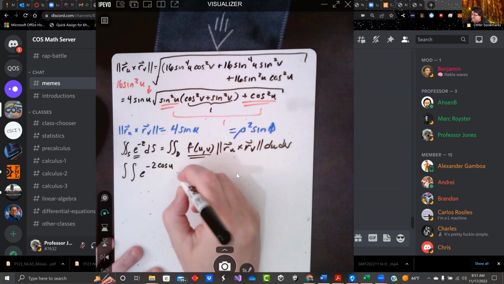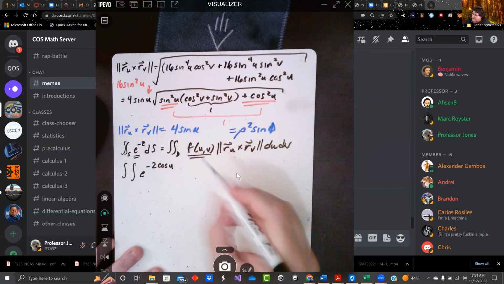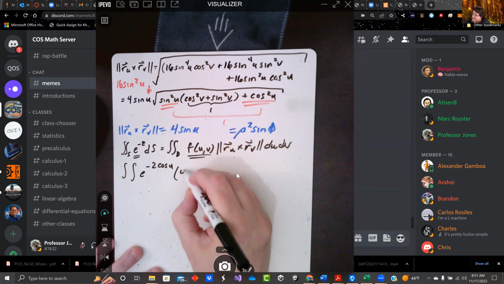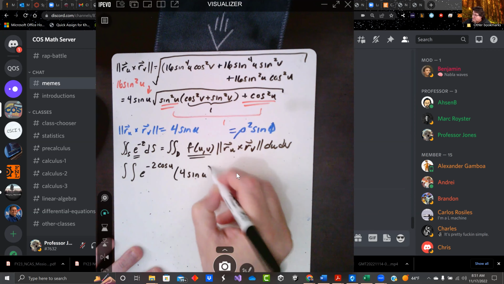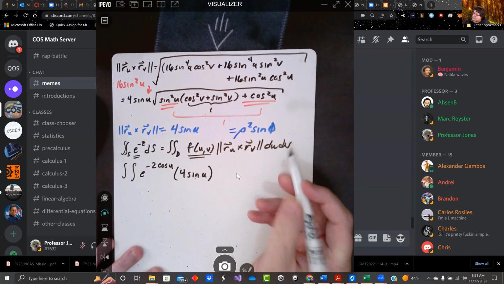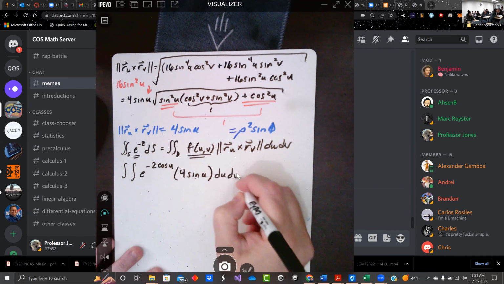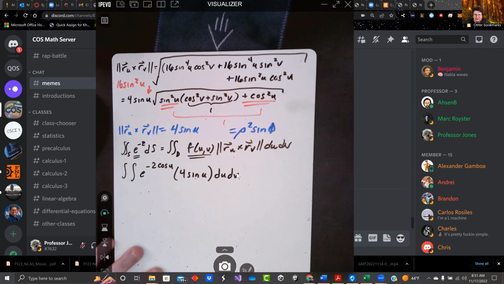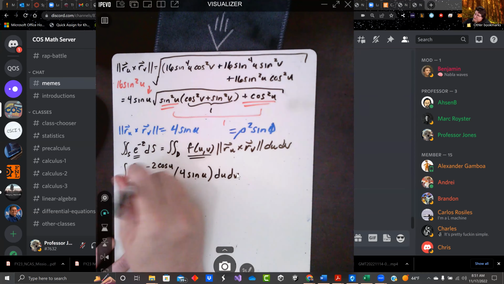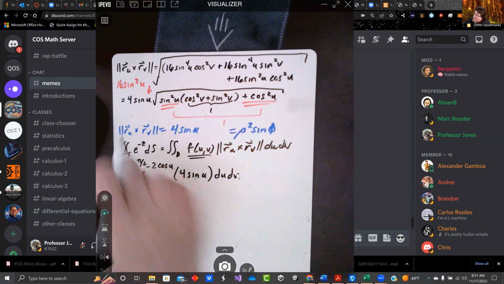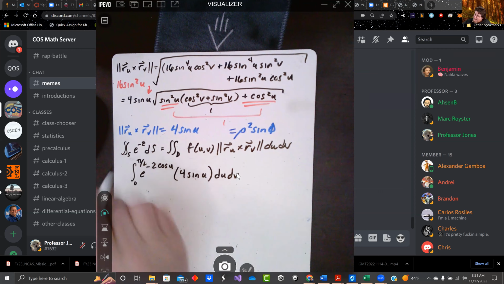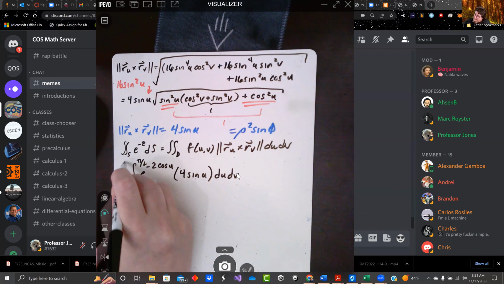And then I've got my r_u cross r_v is 4 sine u. And then I've got du dv. And they gave us the limits of integration. u, which is the inner integral, goes from 0 to pi over 2, and v went from 0 to 2 pi.